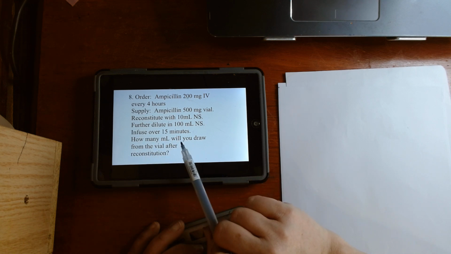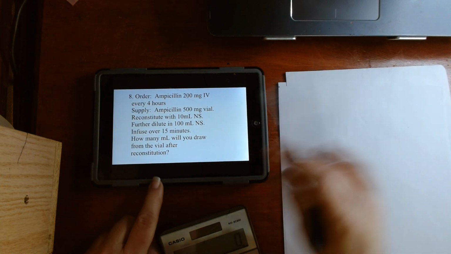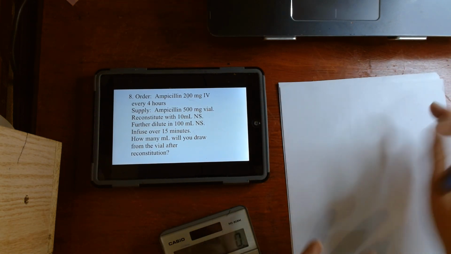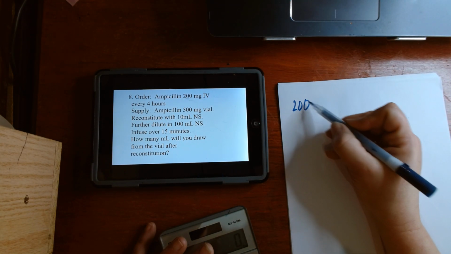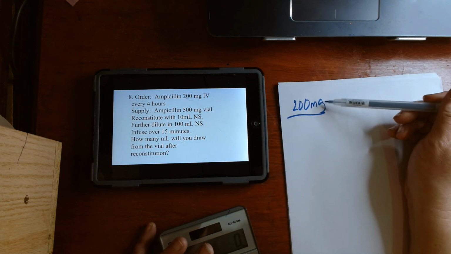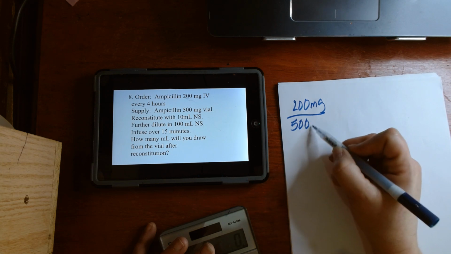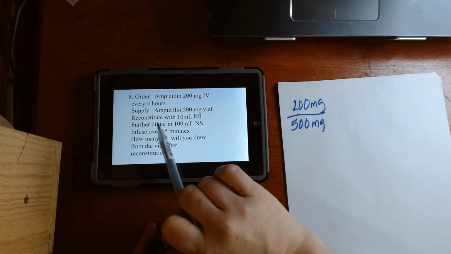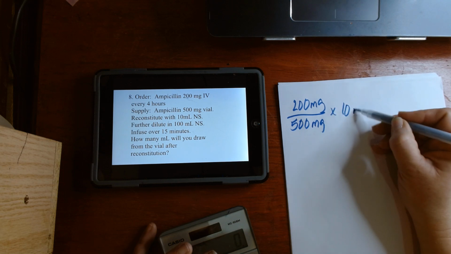So how much will you draw from the vial after reconstituting? Just take a breath. What he wants is 200 milligrams. What I have is a 500 milligram vial. You have to have the same units to go in this fraction. It's the law. And we reconstituted it with 10 mLs.